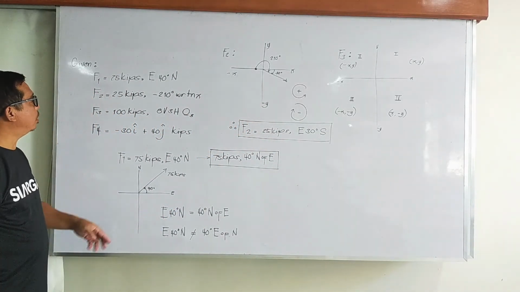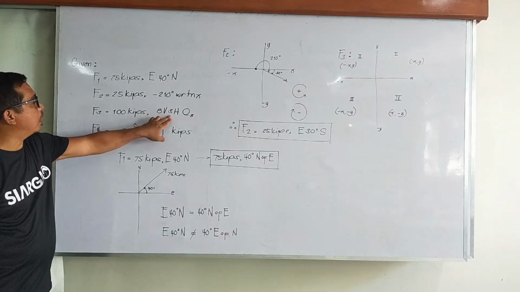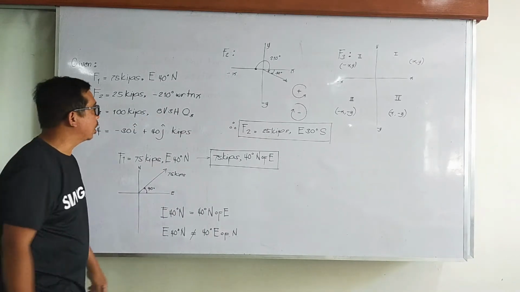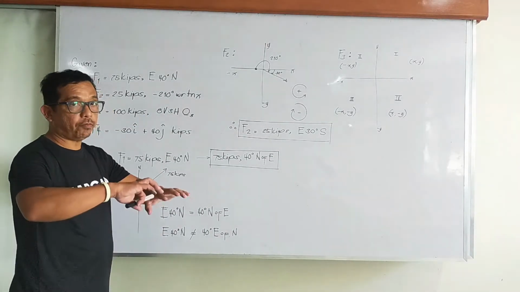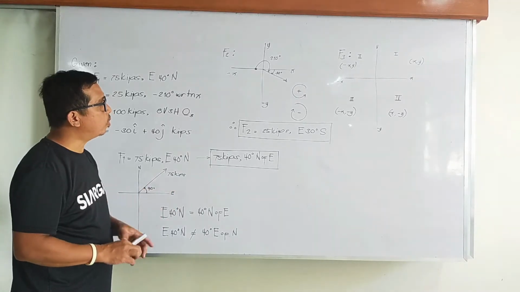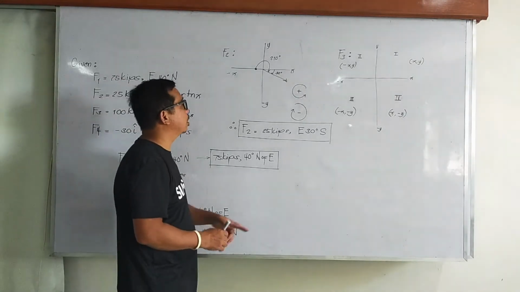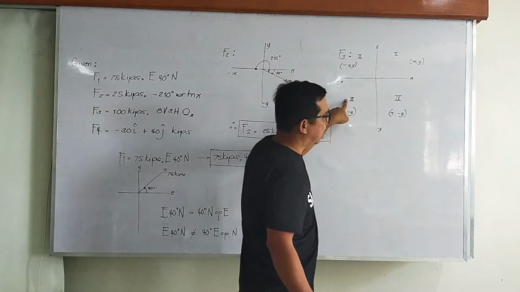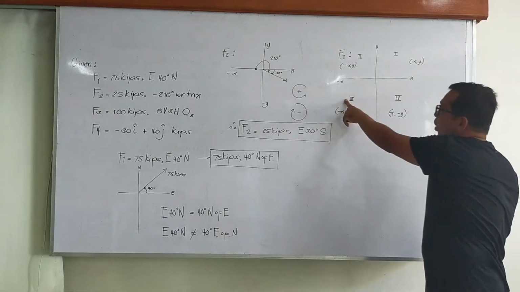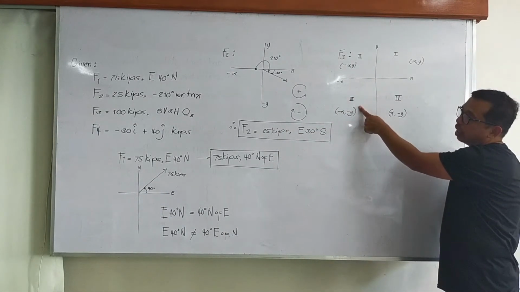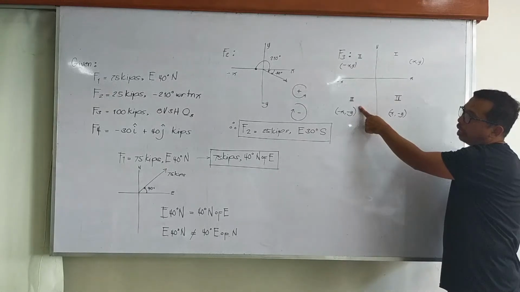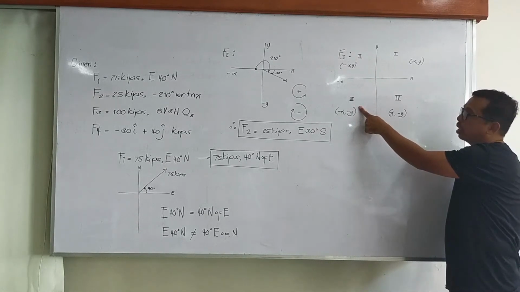Ano bang sinabing 8 vertical, 3 horizontal, quadrant 3? So, we will focus on the third quadrant. And it was mentioned that it is 8 units vertically and 3 units horizontally.